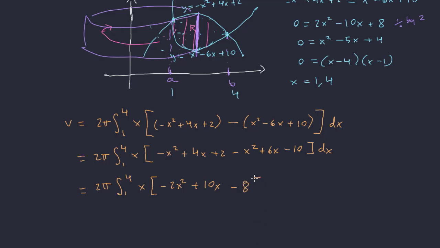All right, so you'll notice that's pretty much what we had here. And in fact, they all share a 2, so we can actually factor a 2 out to get a 4 pi out here. That's not really necessary, but might help. And we can distribute the x. So we'll get negative x cubed plus 5x squared minus 4x.